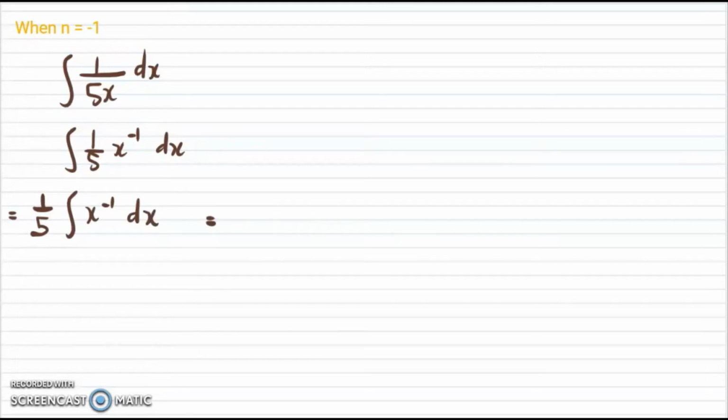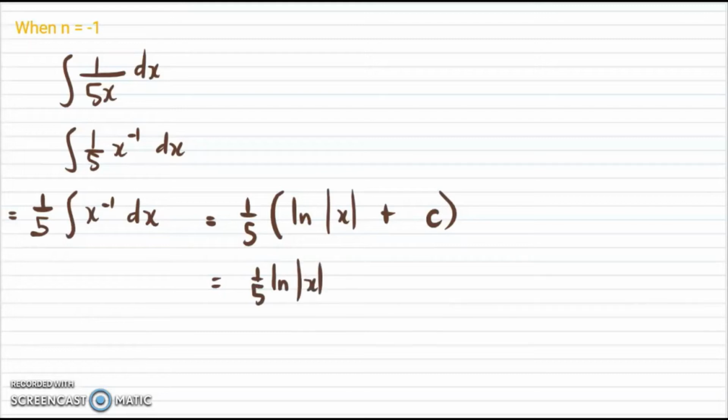And then applying the rule, we have 1/5 ln x and then the plus c here. And finally, we have 1/5 ln absolute value of x plus c. Just a c. Even if we distribute the 1/5, c will still be a constant, right? So we can just write that as c.